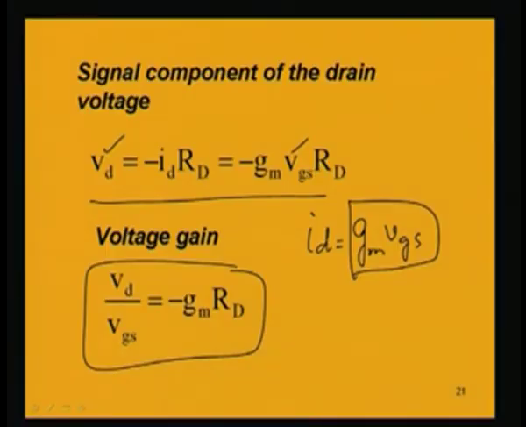So, it is the transconductance multiplied by the resistance in the drain with a minus sign. The voltage gain has a minus sign, which means immediately we know that the output voltage and input voltage are 180 degrees out of phase. So, the phase difference of the output voltage from the input voltage is 180 degrees. That is why this minus sign is coming into the term.